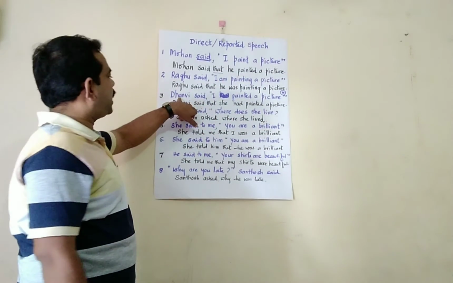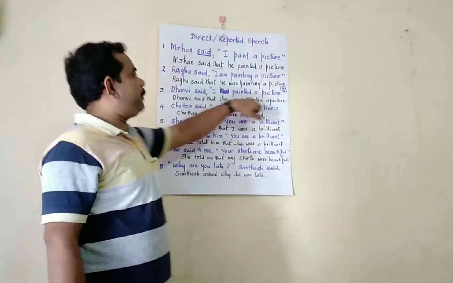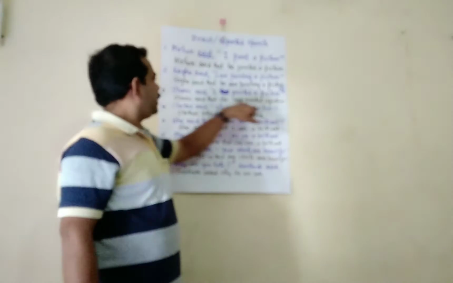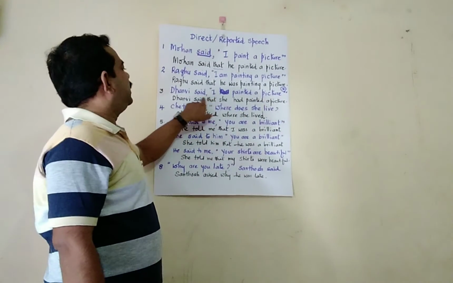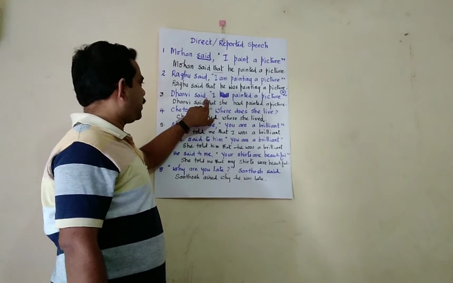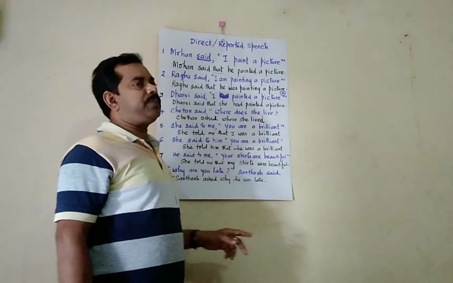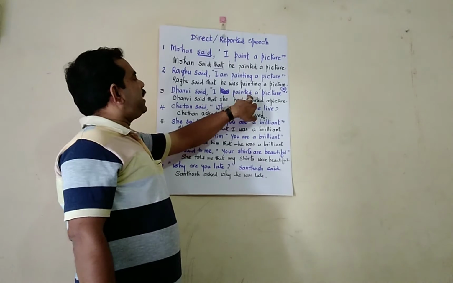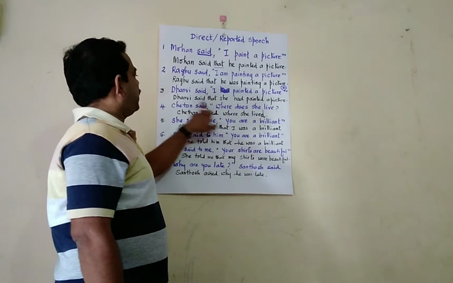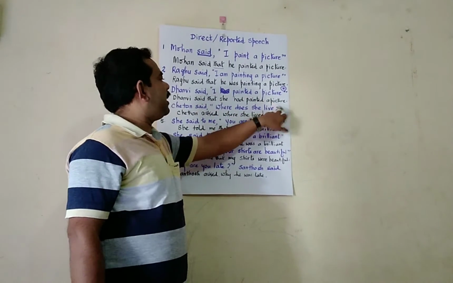Now come to the third one. Danvi said, I painted a picture. Now look at the tense. Said is the reporting verb, and ultimately the reporting clause is to be changed, as we have already said. See, painted is in past tense. Danvi said that she had painted a picture.